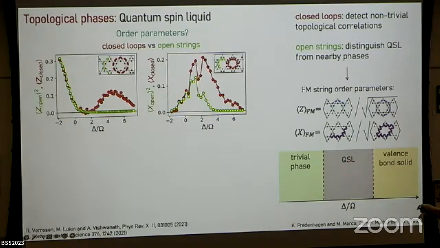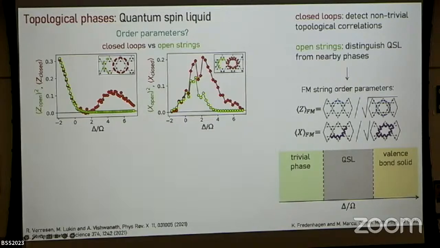You have this spin liquid in a certain range of the tunings. At lower tunings, you have a trivial phase that is just disordered. And at larger tunings, the theory predicts the appearance of a valence bond solid. This is a solid phase where you have a little bit of resonance, which means you have a little bit of superposition, but it's not the same macroscopic superposition as in the spin liquid.